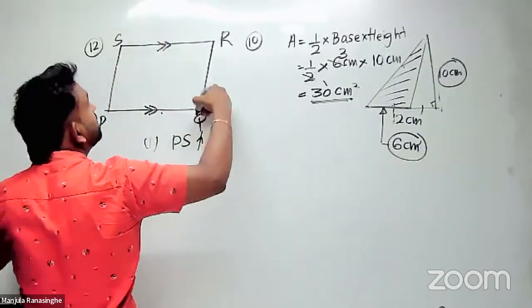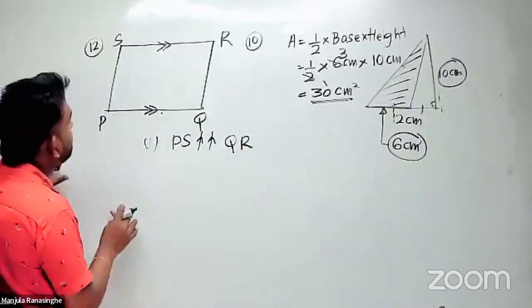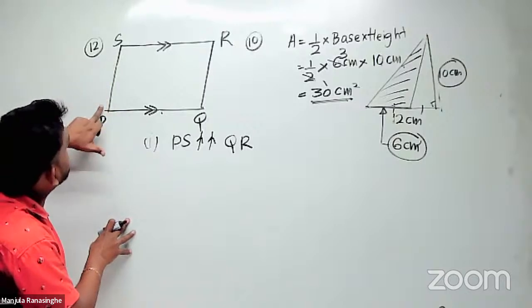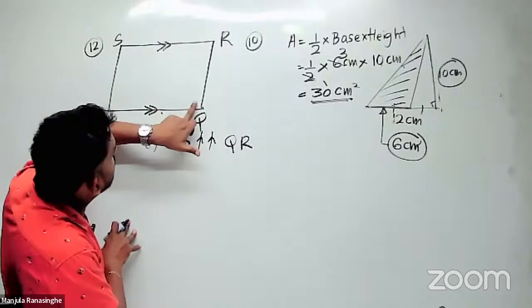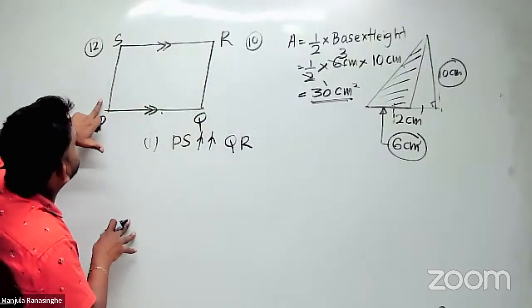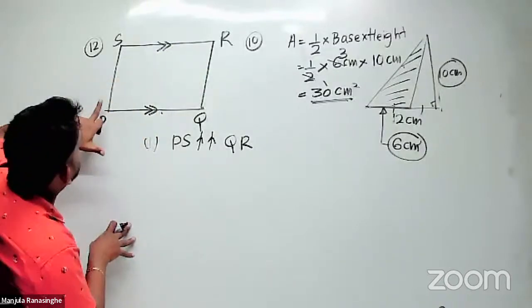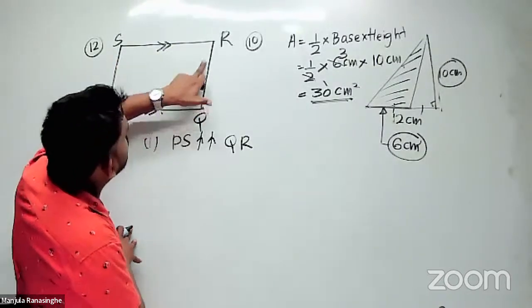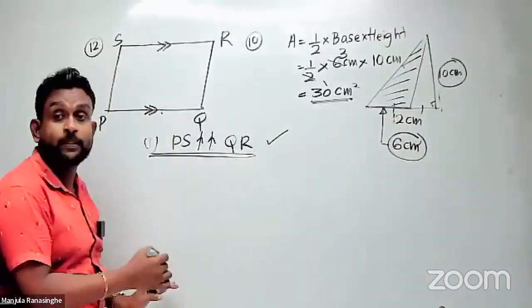When you write the parallel symbol, if you choose this direction, PS, you have to start here also from QR. So don't write PS and RQ. Don't change the directions. Better to follow the same direction, PS, QR.